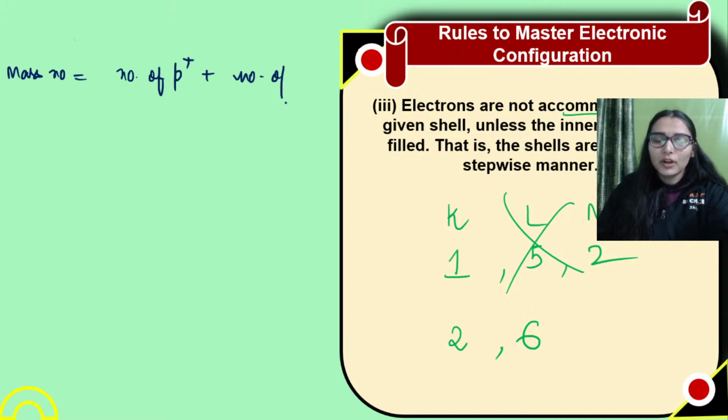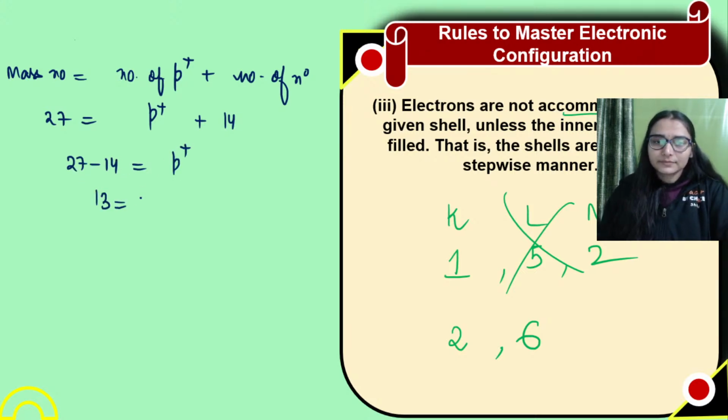And mass number आपको given था. What was the mass number? That was 27. And neutrons were given, that were 14. ठीक है, protons निकल जाएंगे. 27 minus 14 कर लो, protons will come out to be कितना? 13. 13 protons, इसका मतलब 13 electrons in the neutral atom.